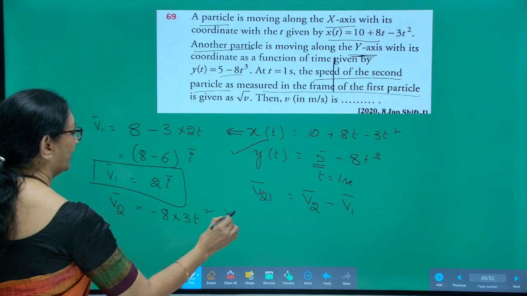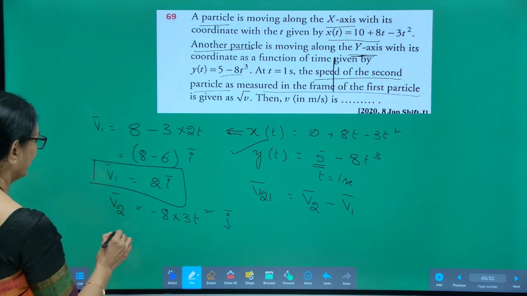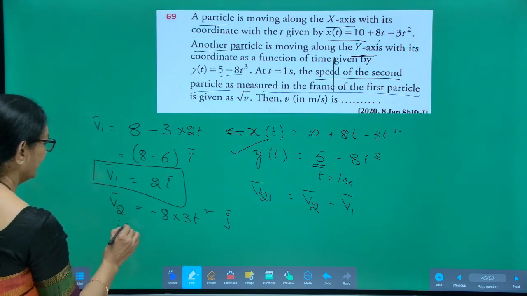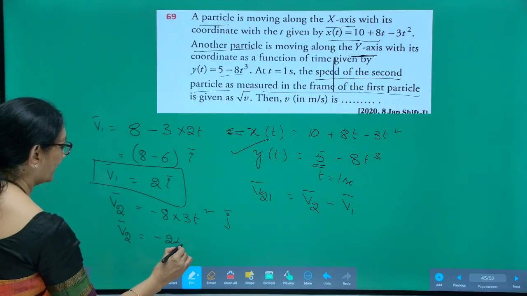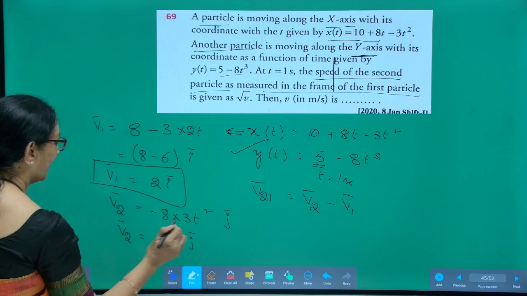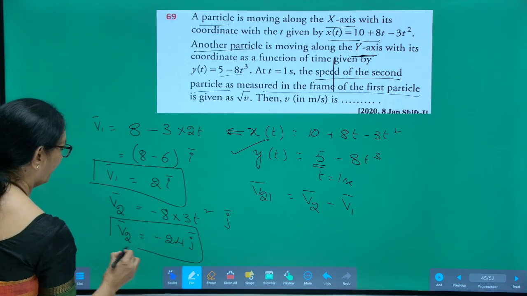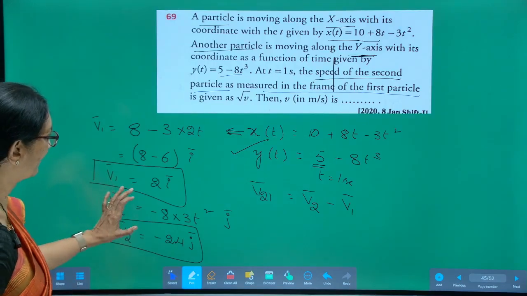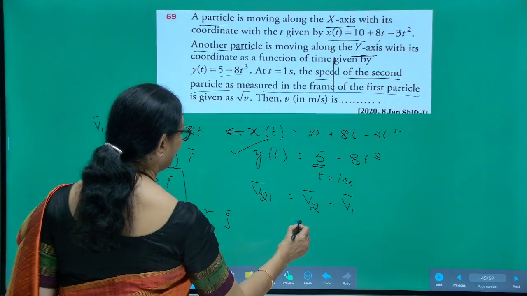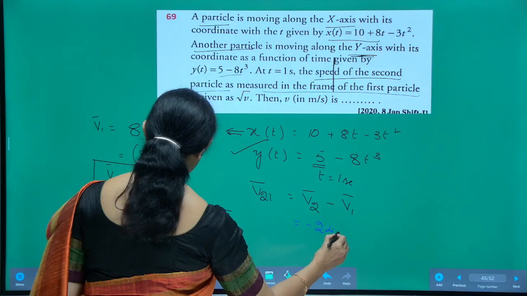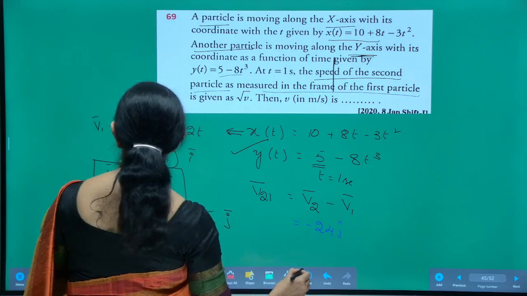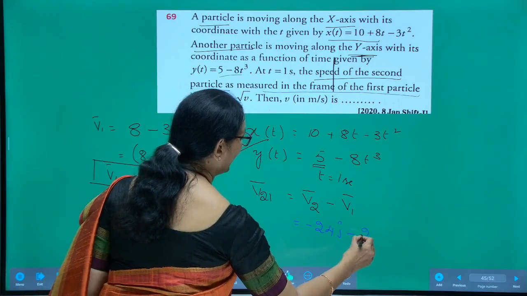Because it is moving along y axis, it is j bar. So at 1 second, v2 bar, t is 1, so this is minus 24 j bar. So v21 bar is equal to v2 bar minus v1 bar, that is minus 24 j bar minus 2 I bar.